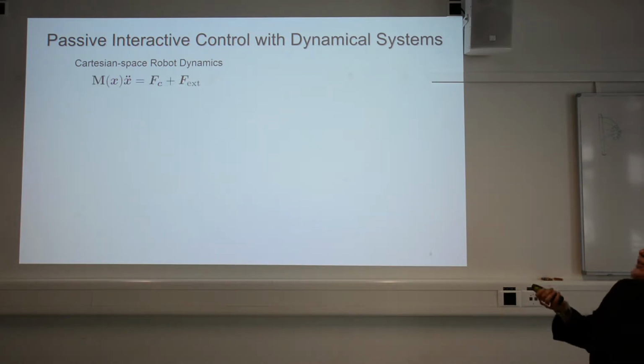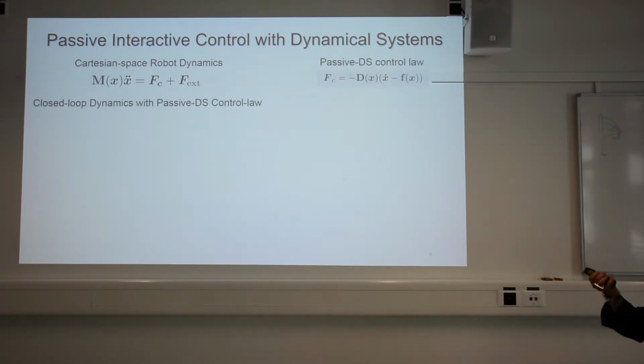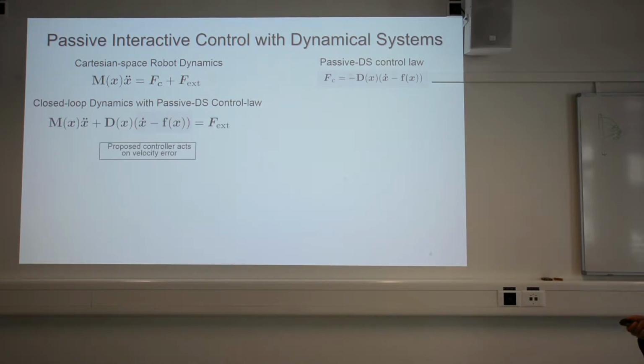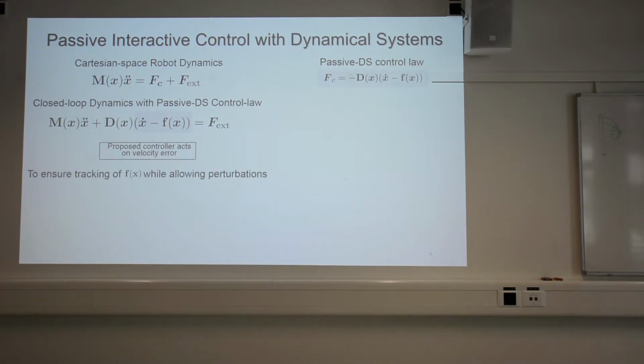So what we have is a reduced model of our robot dynamics. If we feed in the passive DS control law that we propose, we can see that the closed loop dynamics of the control system lead to something like this, where the proposed controller is actually just acting on the velocity error itself.